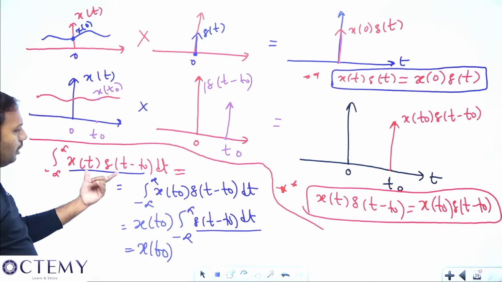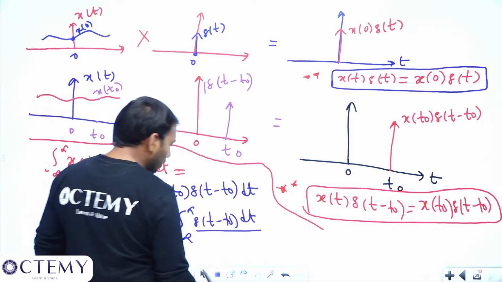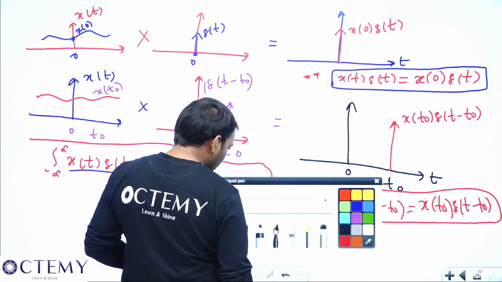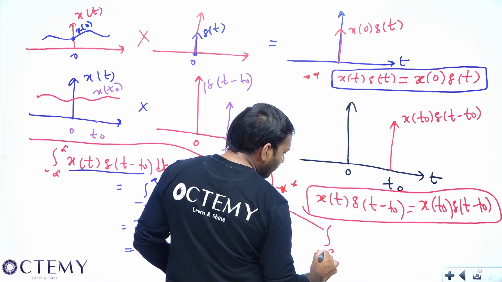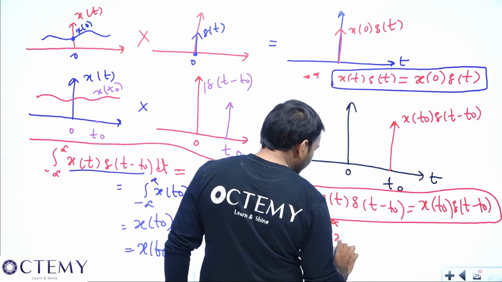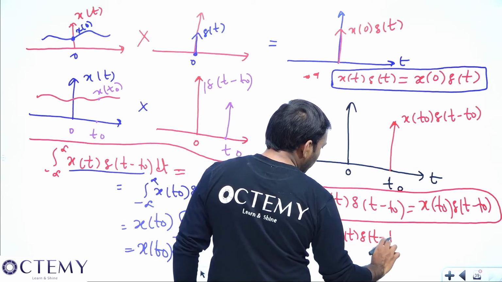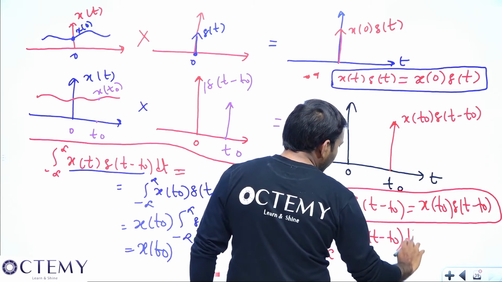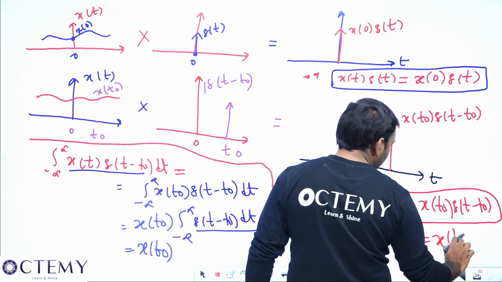Any question asked something like this, here I am rewriting what I got clearly. The integral from minus infinity to plus infinity of x(t) delta(t minus t0) dt is simply x(t0).